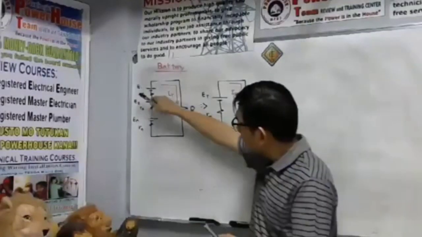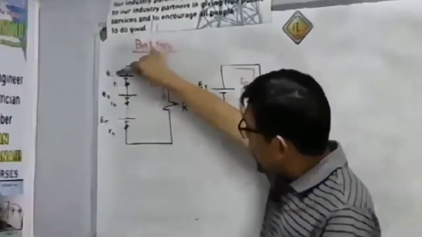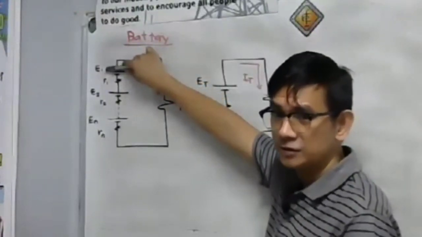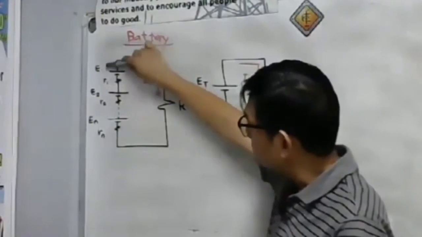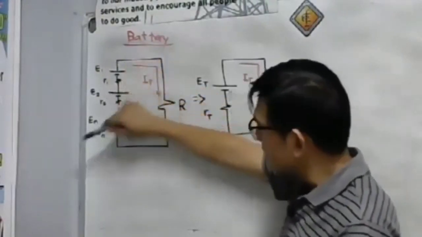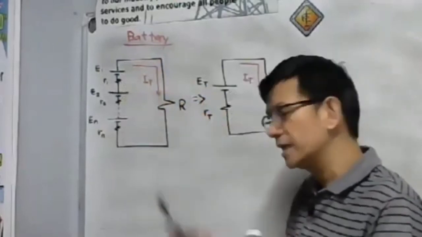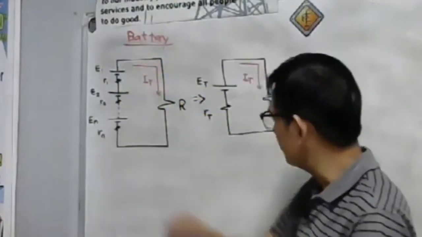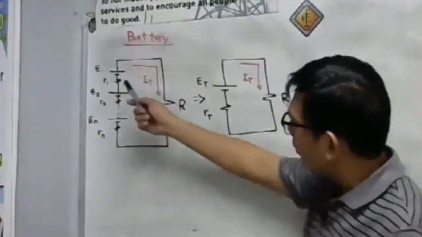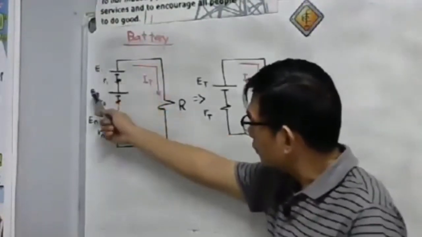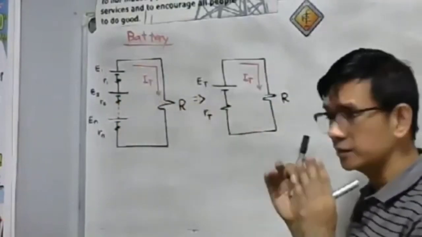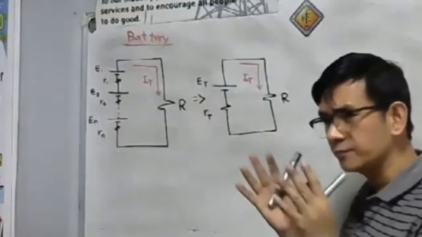Let's say we have this: a battery always has an internal EMF, the internal voltage, and an internal resistance. We have E1, R1, E2, R2, up to En, Rn. Let's say you have 5 batteries, so this will become E5 and R5. Just add all the internal EMFs to come up with ET. ET will be equal to E1 plus E2 plus E3 up to E5.